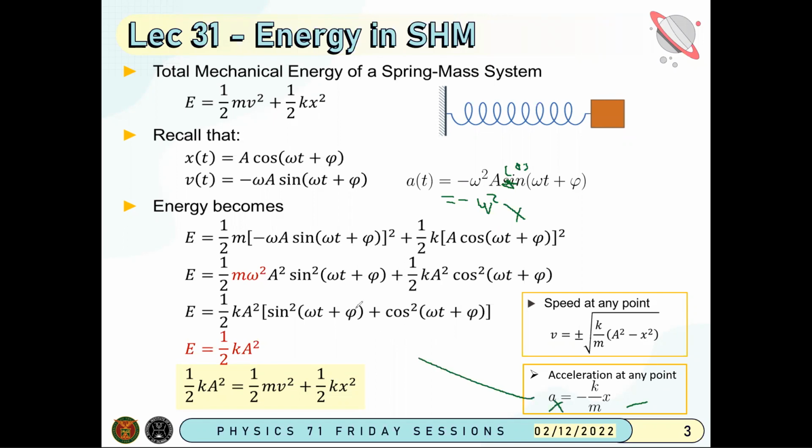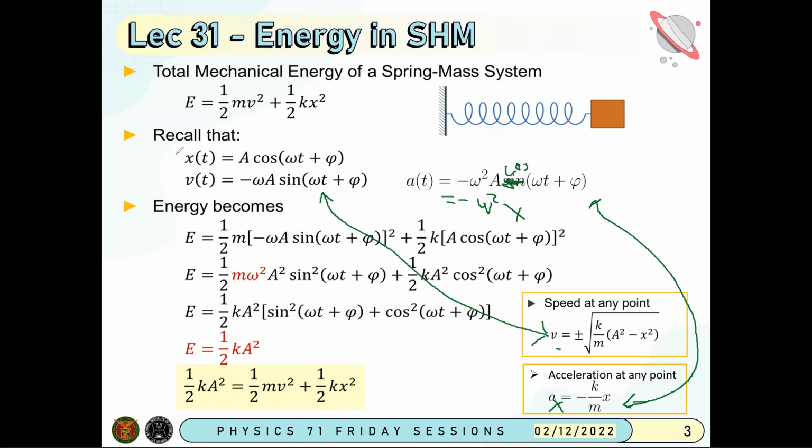So actually, halos same lang talaga. Yeah, typo yung sa sine sa a of t. Dapat cosine. Cosine yan dapat. So actually, same lang talaga yan. Iba lang yung dependency. This is speed dependent sa position x or acceleration dependent sa position x.